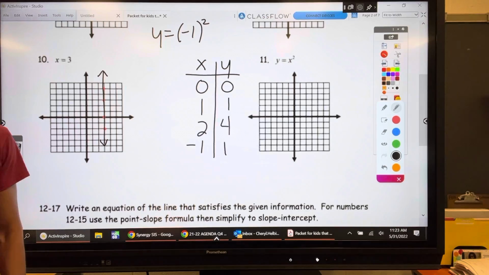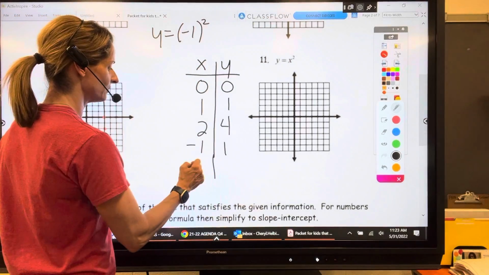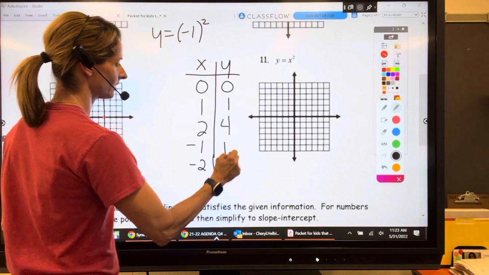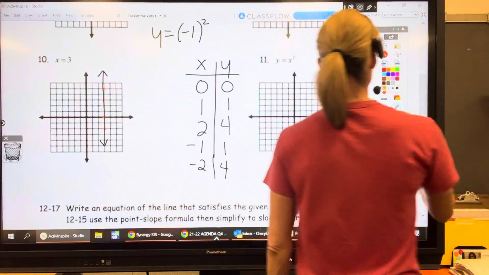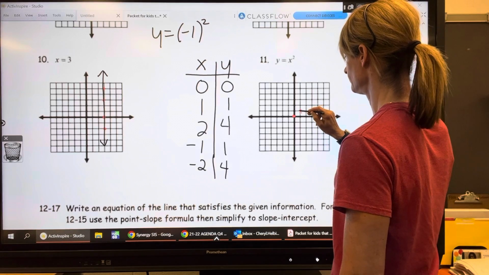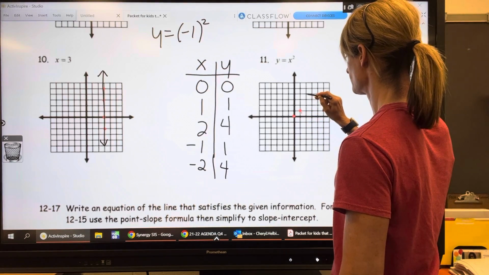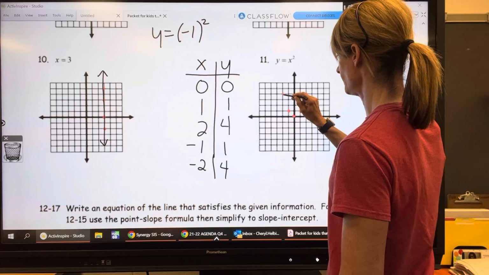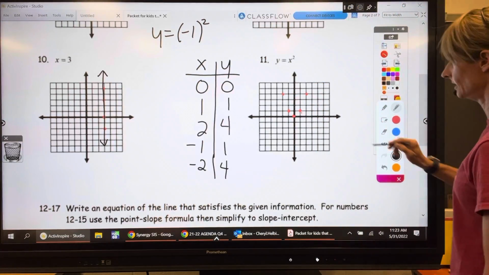Good? Same if I input a -2. -2 times -2 is a positive 4. So if I plot these points in red, (0, 0), (1, 1), (2, 4), and then (-1, 1), (-2, 4), we get a nice looking parabola here.